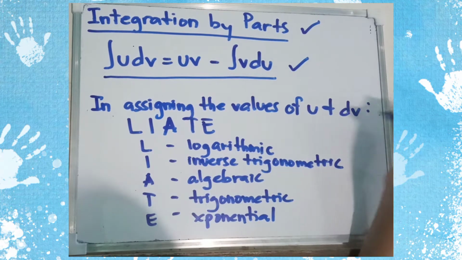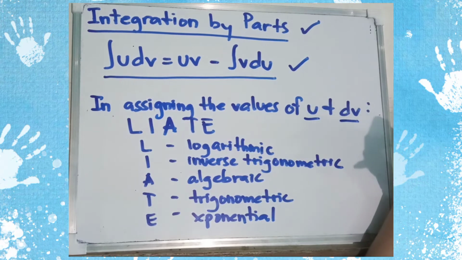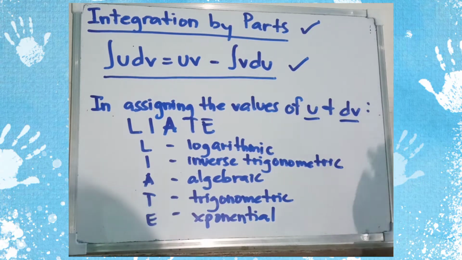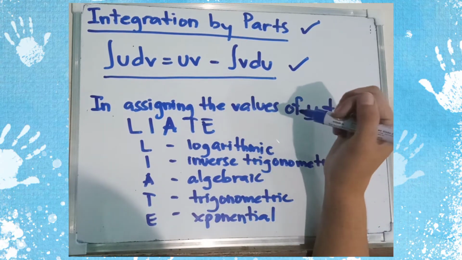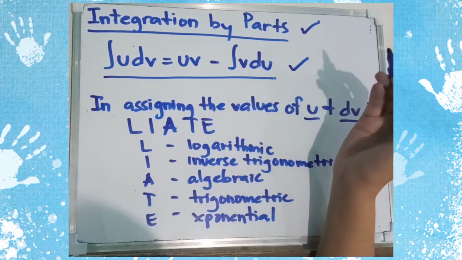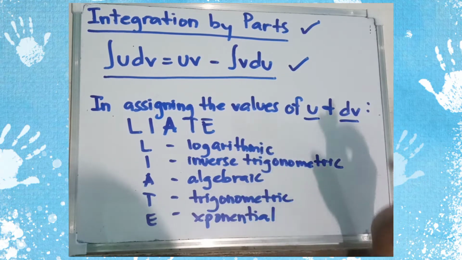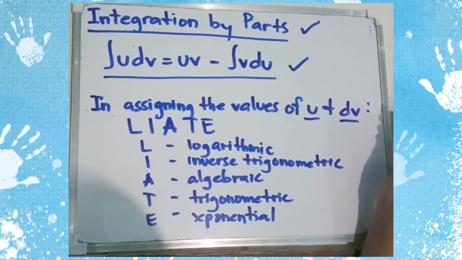Now, in assigning the values of u and dv, when we let u and dv be certain functions or values, we use the acronym LIATE. This will be our basis in choosing what our u and dv will be.